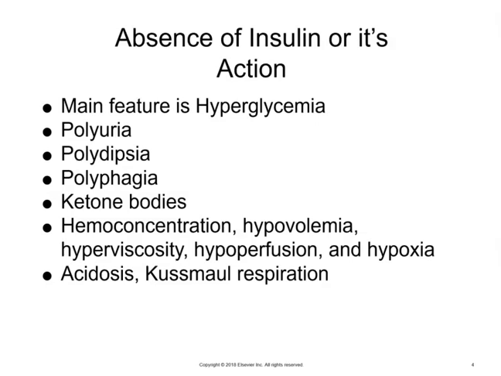Dehydration with diabetes mellitus leads to hemoconcentration, hypovolemia, hyperviscosity, hypoperfusion, and hypoxia. This results in acidosis that triggers the brain to increase the rate and depth of respirations in order to blow off CO2. And that's what we call Kussmaul respirations.